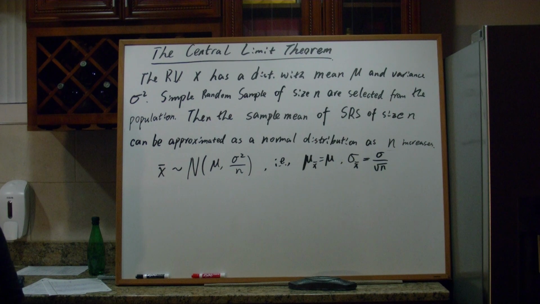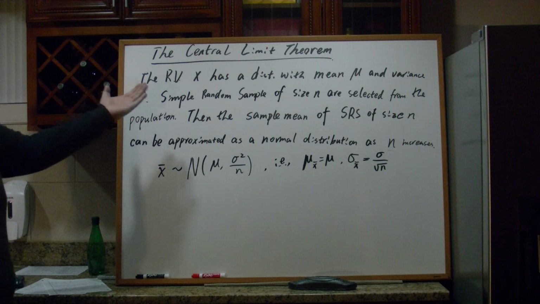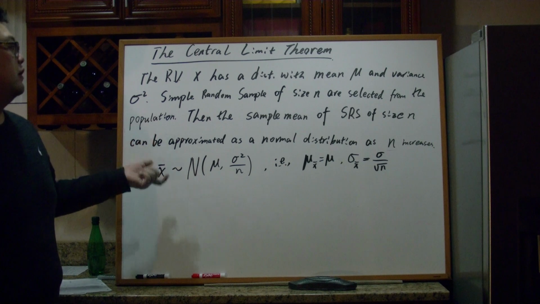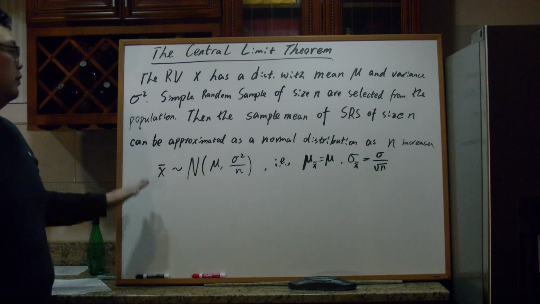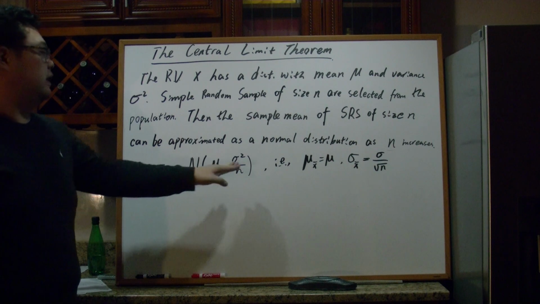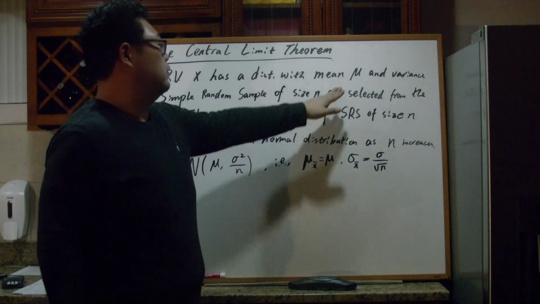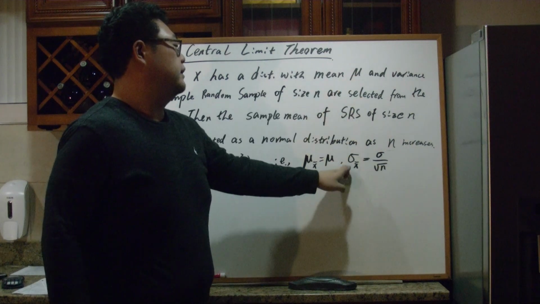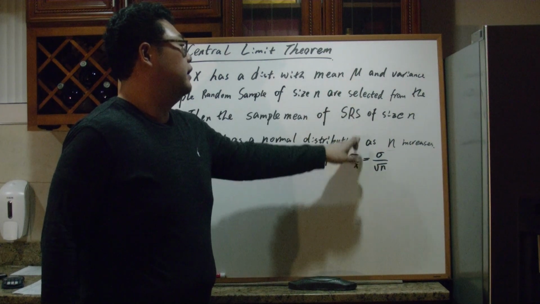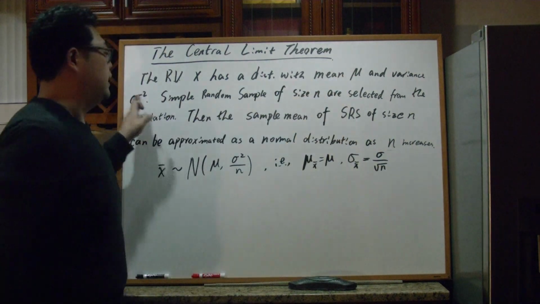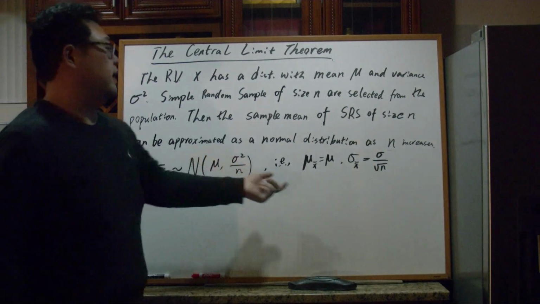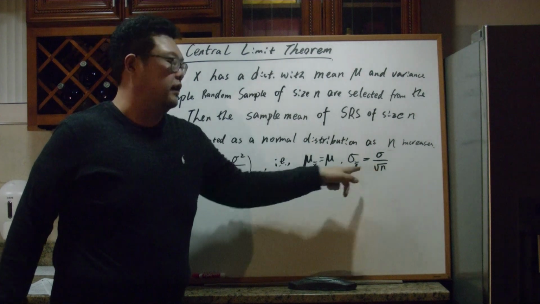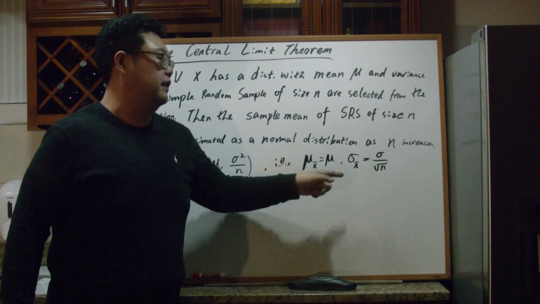So a sample of size n can approximate the sample mean as a normal distribution with the mean equal to the original population mean and the standard deviation equal to the original standard deviation over the radical n. Of course, depending on the size of n, the variance or the standard deviation is different.